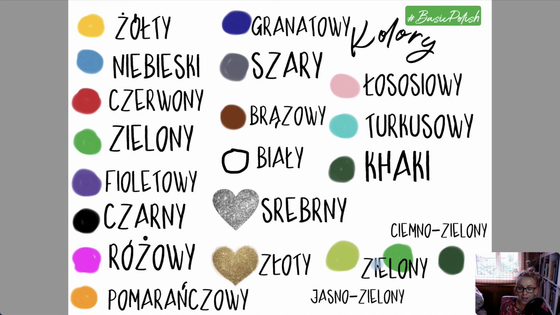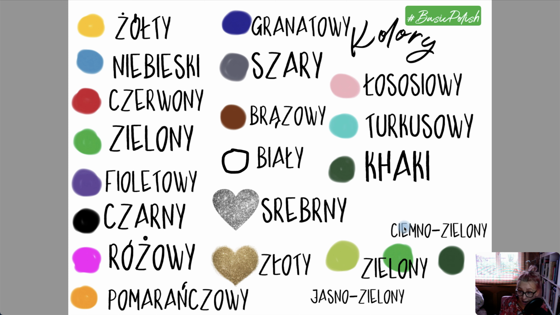But now, double colors. First of all, imagine that something is light green. We say jasno, then we write it with a dash, and then we say zielone, and that means light green. Jasno-zielone.